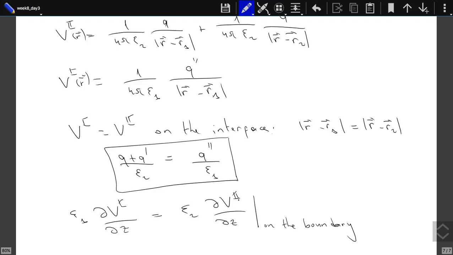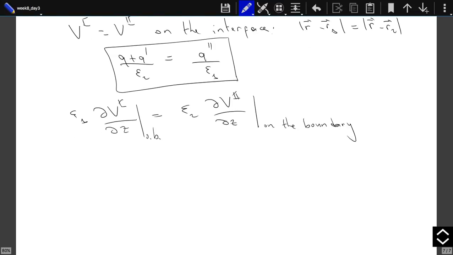So I have two unknowns. I don't know Q prime and I don't know Q double prime. I need to determine two unknowns, so I need two equations. This is my second equation.